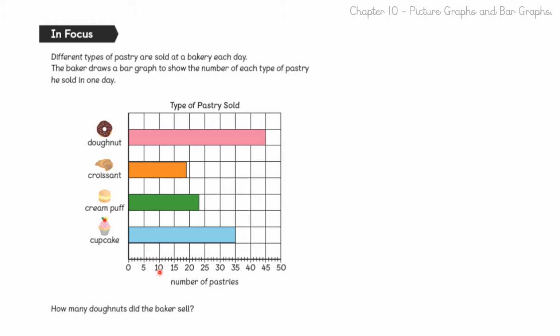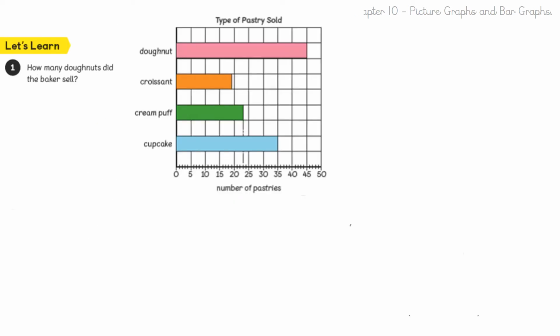Now, can you tell me, how many donuts did the baker sell? Look at the bar graph. Let's find out how many donuts did the baker sell.